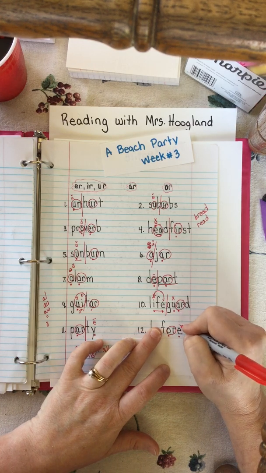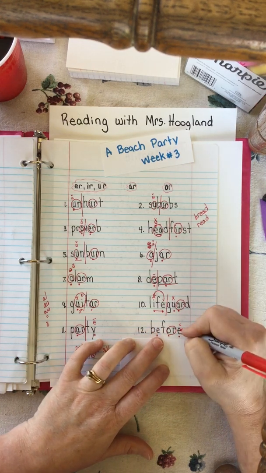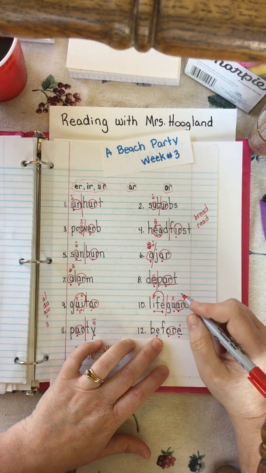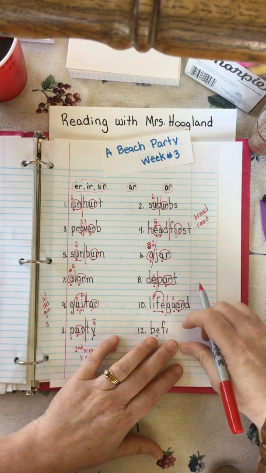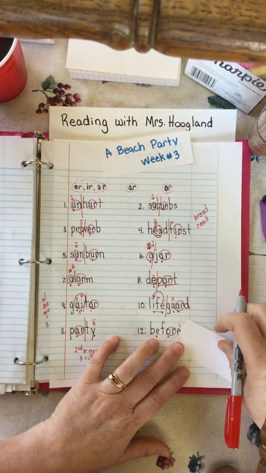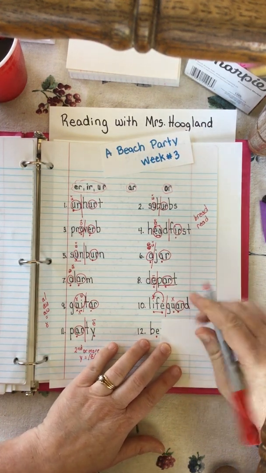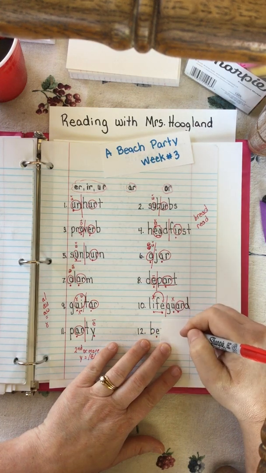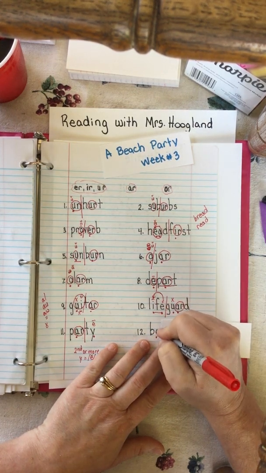No, that doesn't work. Okay, so we're going to say this guy's being quiet. Now we have to decide, is this word Beth, or is it going to be before? Hopefully you said it's going to be before.